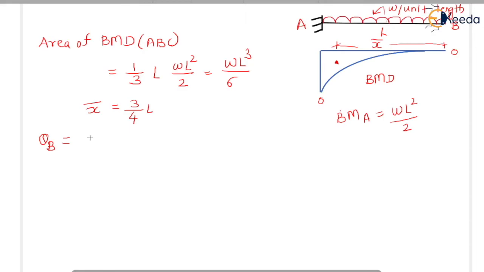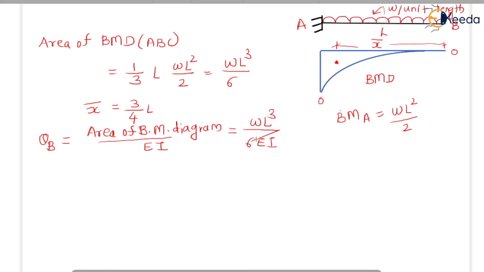Theta B is the slope at B, that is dy by dx at B, and YB is the deflection at B. According to the moment area method, theta B is equal to the area of the bending moment diagram divided by EI, which is WL cube by 6 EI.